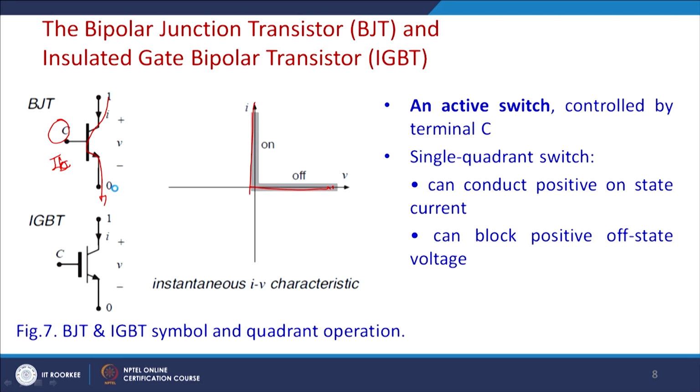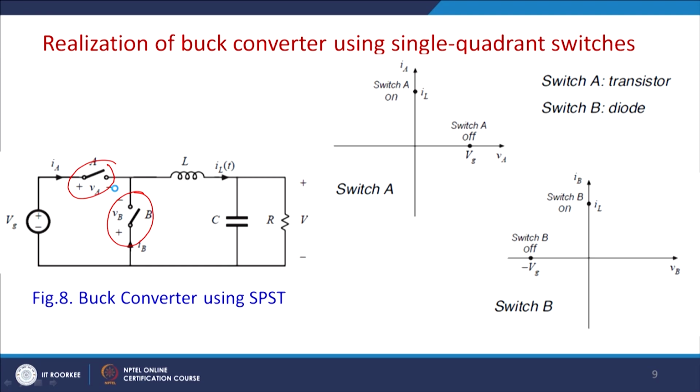One can be controllable, another can be uncontrollable. Generally we put a BJT or MOSFET here. A MOSFET inherently comes with a body diode. We will discuss it a little later, but here we can put an IGBT based on the rating.